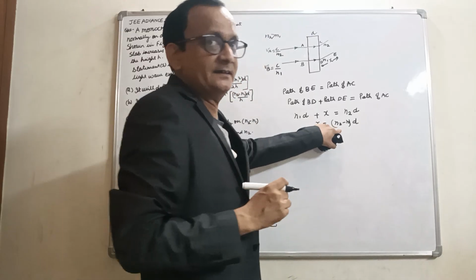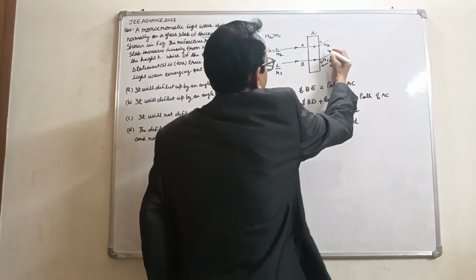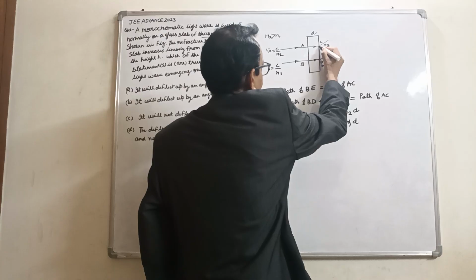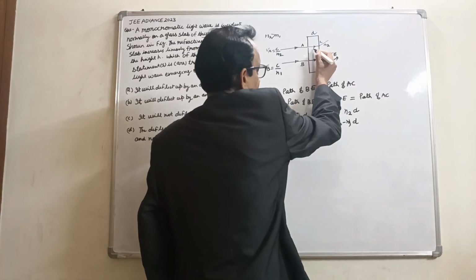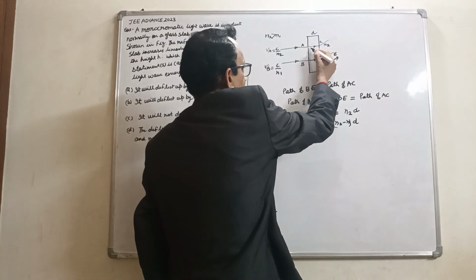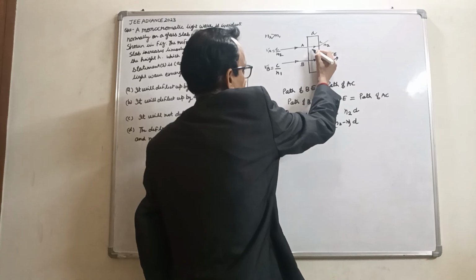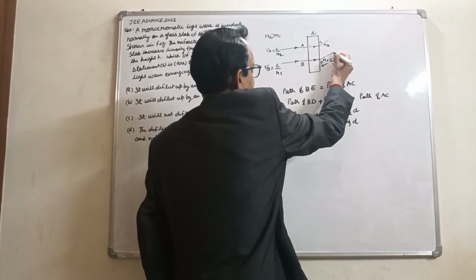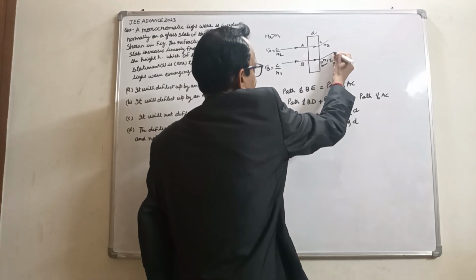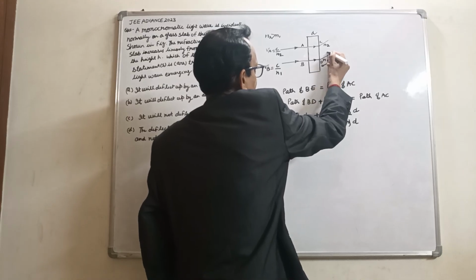This is the path difference because when this wavefront travels from here to here, it has the least velocity in comparison to this. So the wavefront reaching here is a spherical type of wavefront.